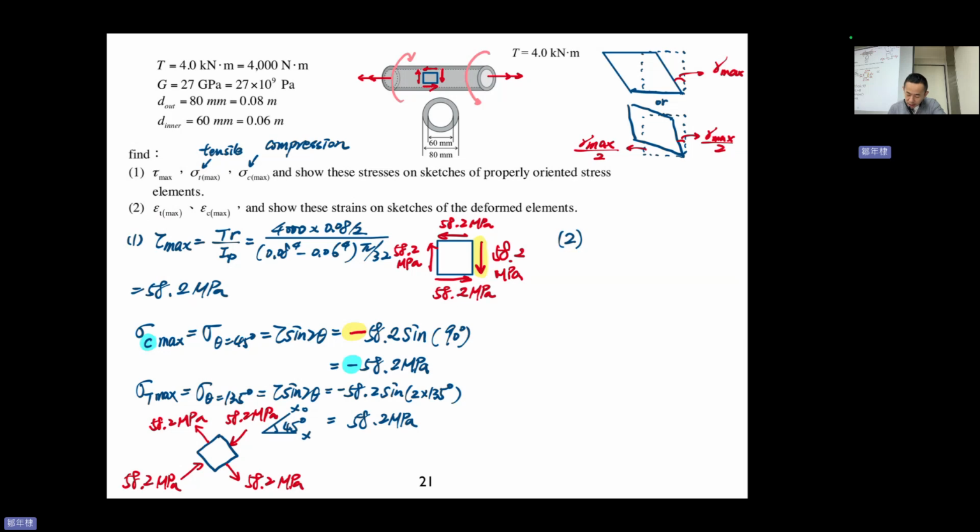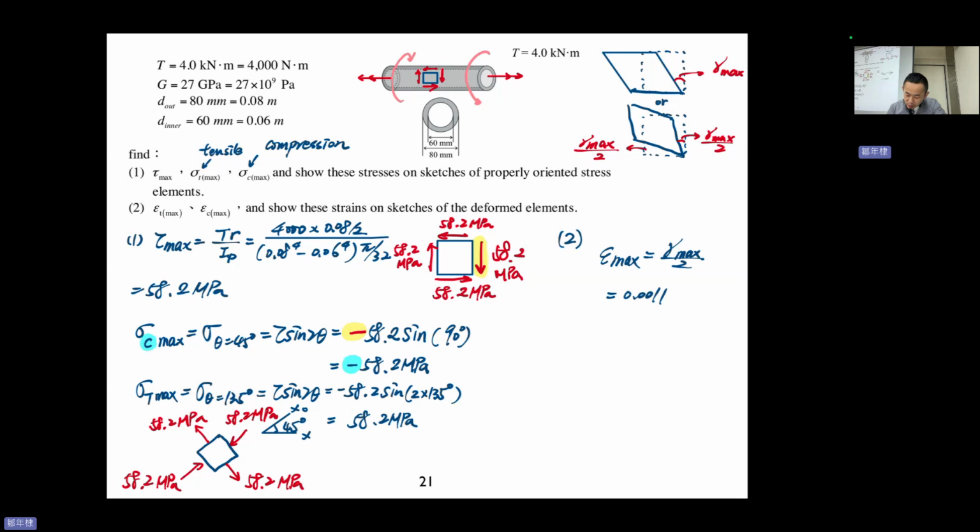Second one is epsilon T maximum. Because we're going to get epsilon max, right? Because it tells us epsilon T max, epsilon C max. So epsilon max is actually equal to gamma max over 2, right? Which is 0.0011.